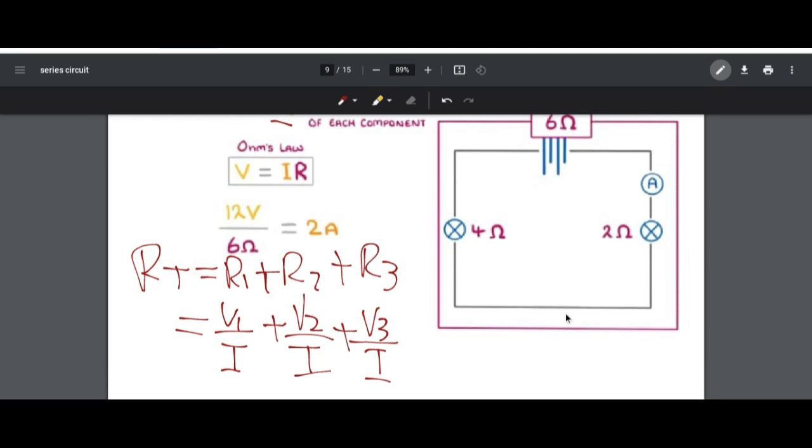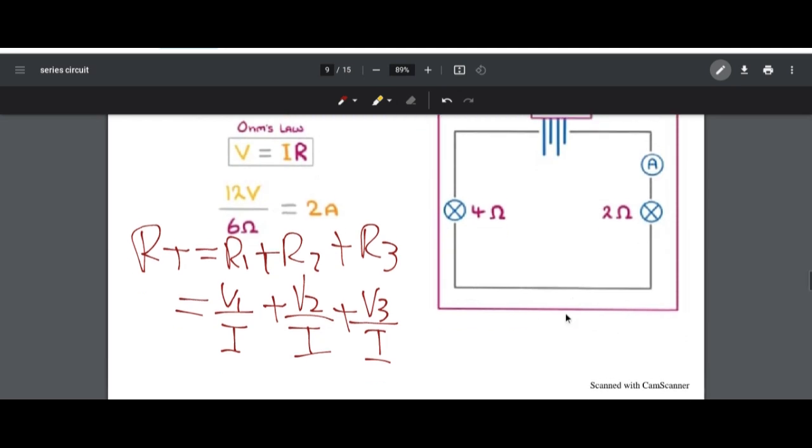In the formula of resistance, R is equal to V by I. I use the counting 1, 2, 3 with the resistance and with the voltage, like voltage 1, voltage 2, voltage 3. But why did I just write I with all of the voltages? Because current is the same. Very good. Current is the same. This is the point.